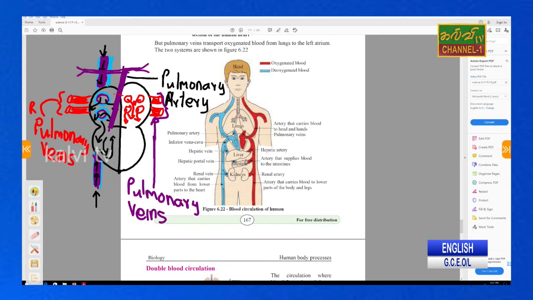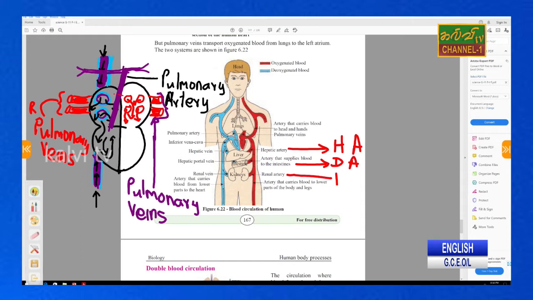So you should consider here most of the arteries. This is the hepatic artery. This is the artery for the digestive system. This is the renal artery, the kidney artery.